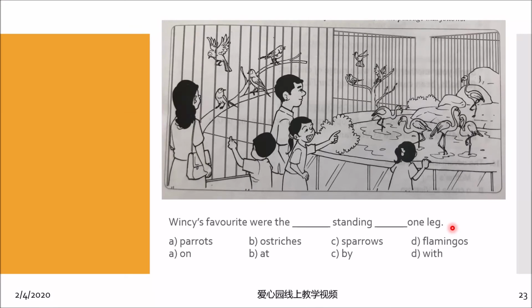Okay, time's up. So the correct answer is flamingos. Look at these here. These are flamingos. And they are standing on one leg. Did you get all the answers correct?